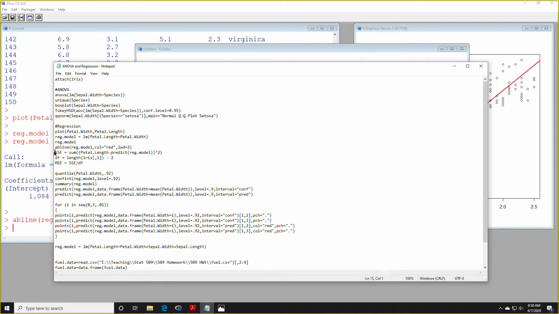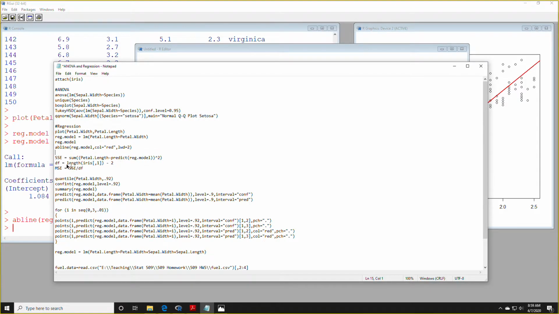Okay, so this code here, I'll go ahead and show you this. These last 3 lines right here, that is what gives us our estimator for sigma squared. Okay, so again, this is the residual sum of squares, or the error sum of squares. And what we have here is a sum of the squared values of the residuals. Petal length is y, and then this predict reg.model, that's what gives us y hat.